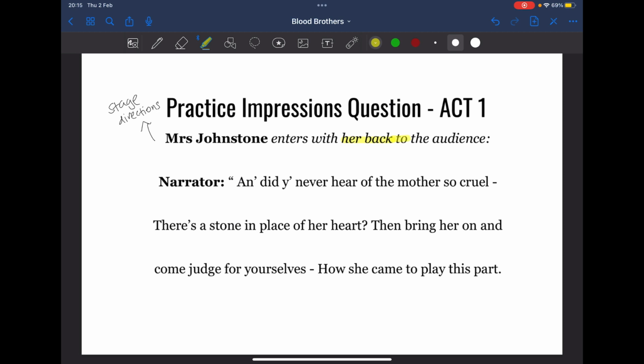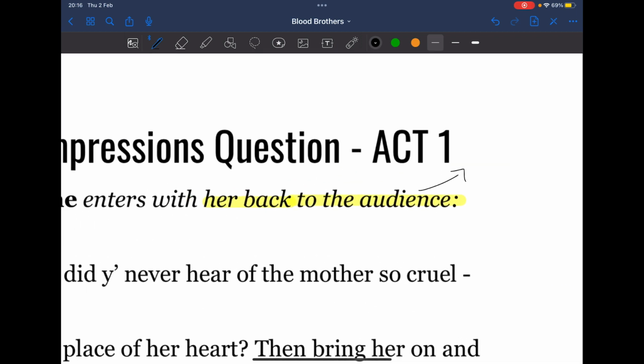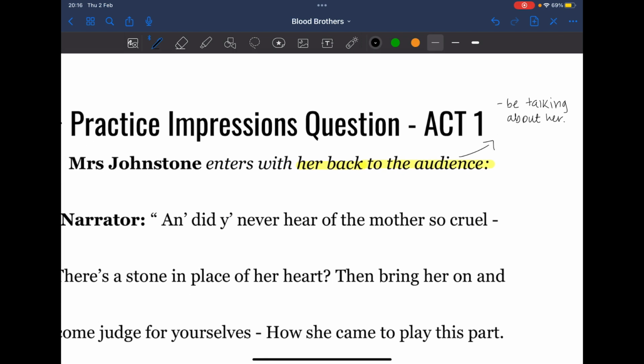If she's entering with her back to the audience, what does that tell us about the audience themselves? Could they be talking about her? And these points will be supported as we go through. If she's entering, they could be talking about her.